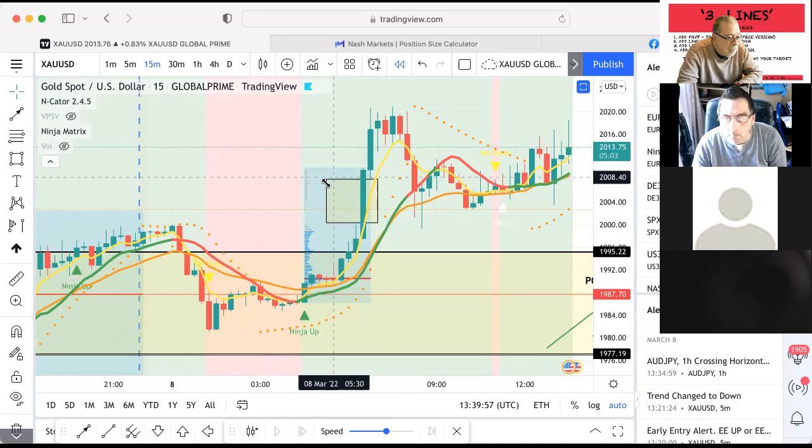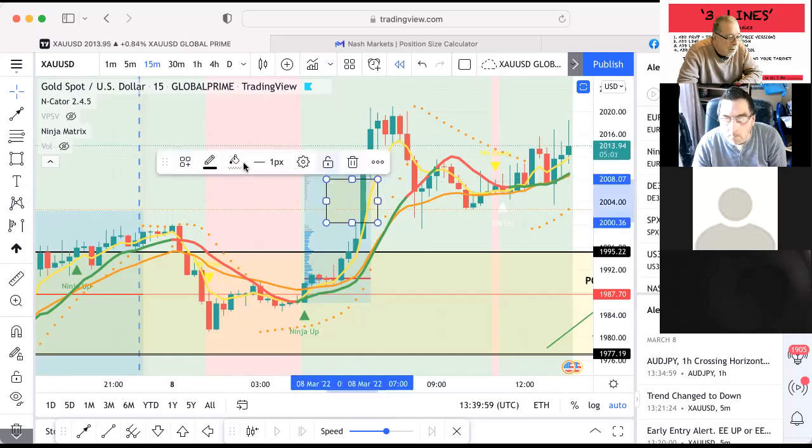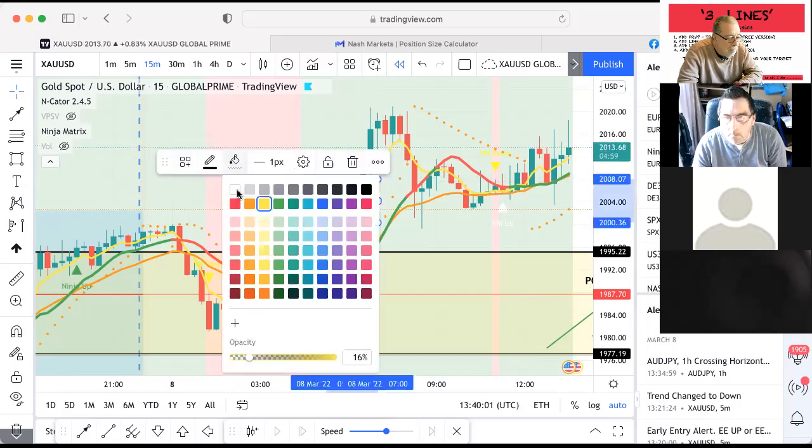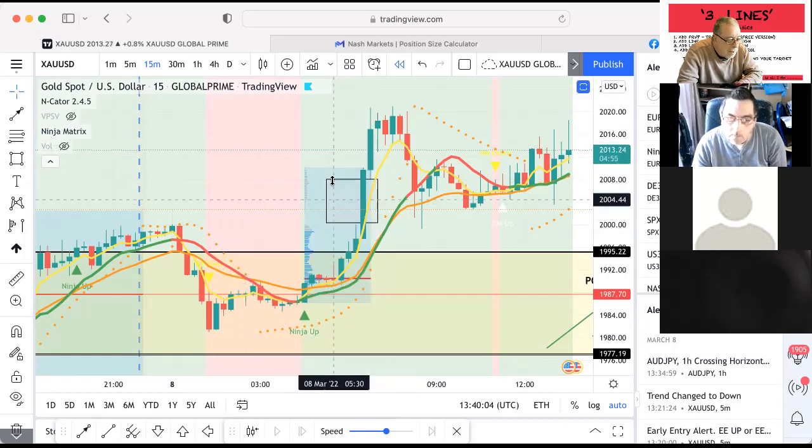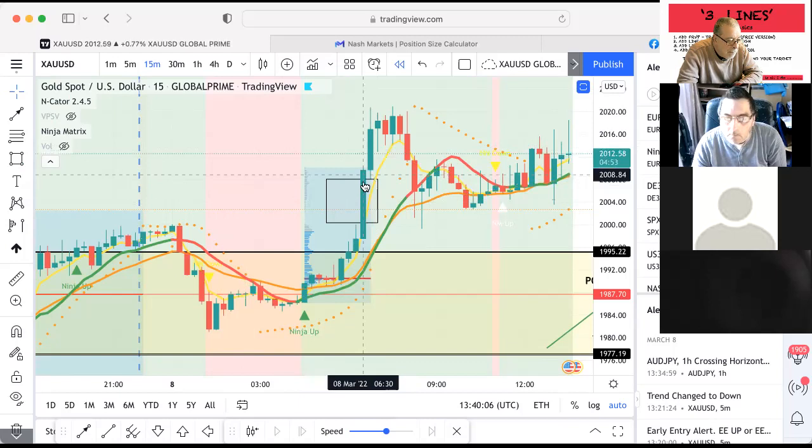I'll change the background in there too. So just where that black rectangle is there, that period there was all buys and no sells.